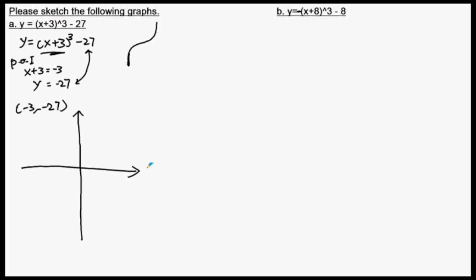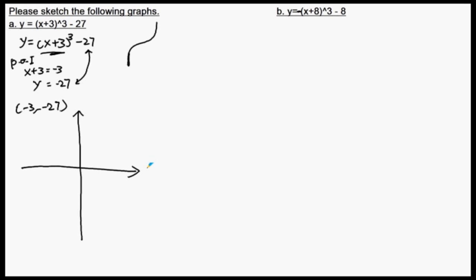Now let's find the point of inflection first. We find it by making the expression in the bracket equal to 0, which gives x is minus 3, and y is minus 27.